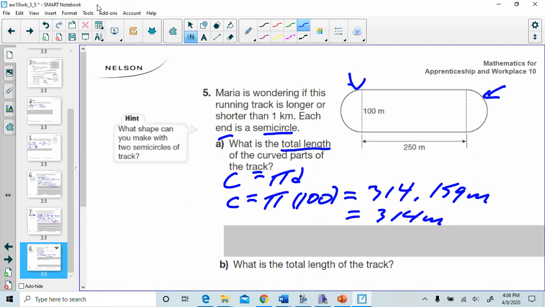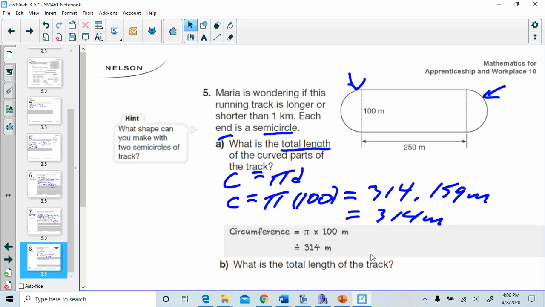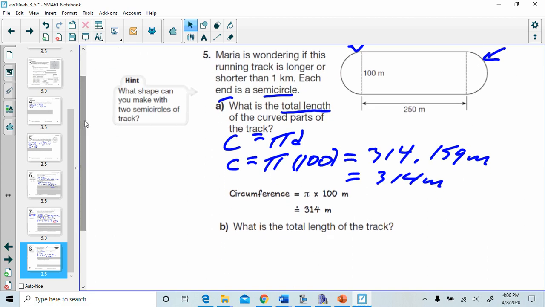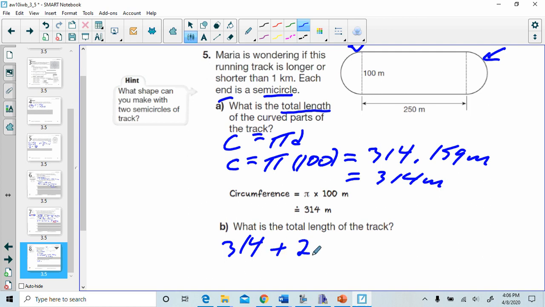Moving to the next part, we want to know the total distance. The total distance will take into account the two semicircles, which form a full circle of 314 meters, and then we want to add the two straight portions that are 250 meters each. We'll figure out if this is going to be under or above the 1 kilometer in the question. So we take the 314 and add 2 of the 250s, which is like adding 500.